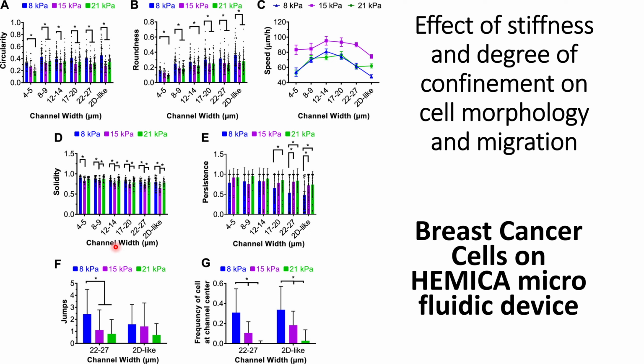And then they checked the solidity of the cells at different channel widths and also under different stiffness of the gels. They found that the solidity of the cells at 15 kilopascal is reduced compared to the gels of other stiffness, as is evident from the results.